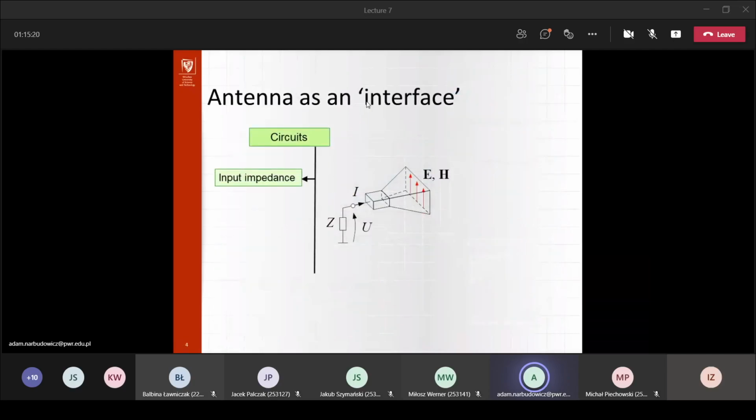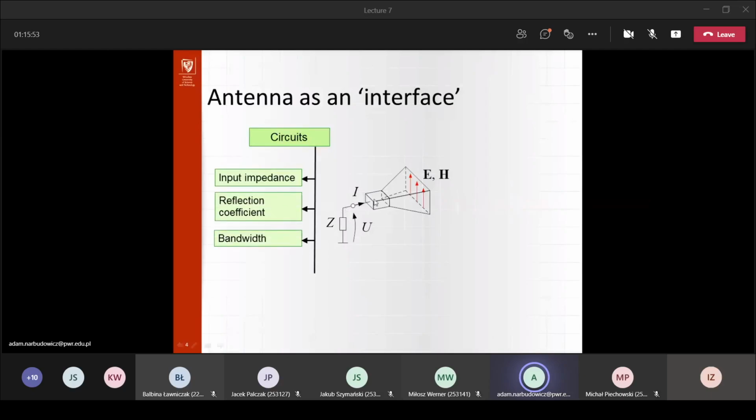But in general, this is an interface, interface in quotation marks, because what an antenna does by definition is transfer an electromagnetic wave from a bounded medium, like a cable or waveguide, into an unbounded one, okay? So it's operating at the boundary between the two worlds, and as such, it has two types of parameters.